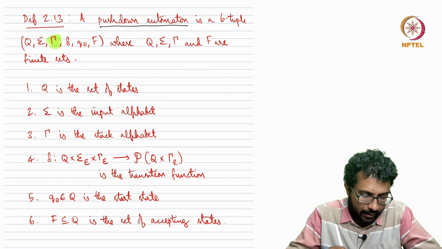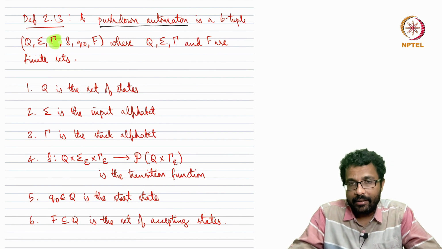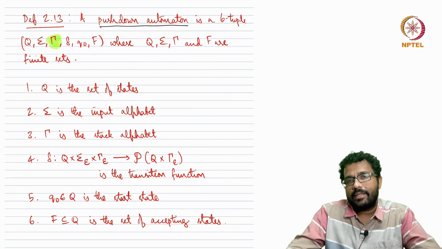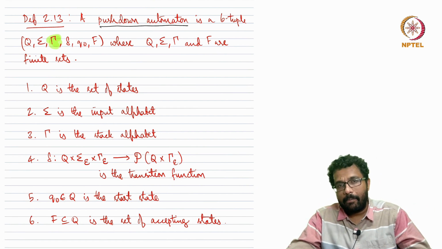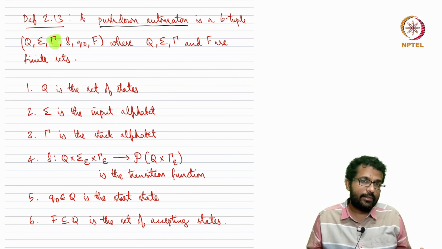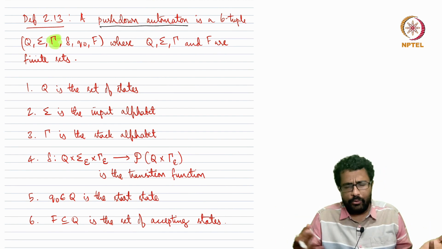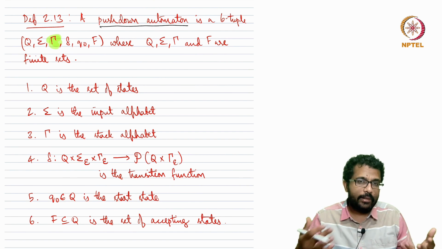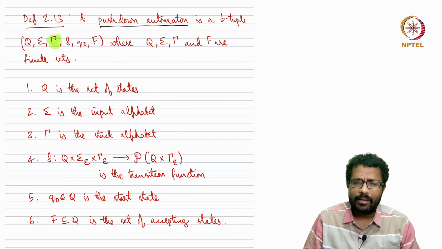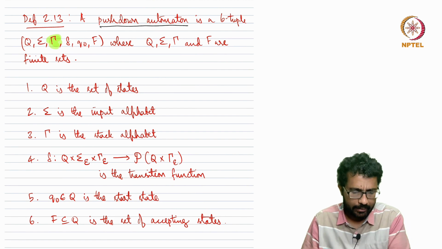So what is gamma? Gamma is the alphabet for the stack. So this need not be the same as the input alphabet. You could use other symbols for the stack. You could use a disjoint set of symbols. You need not use a disjoint set, you could use the same set of symbols, or a superset or subset, or some combination is also okay, right.